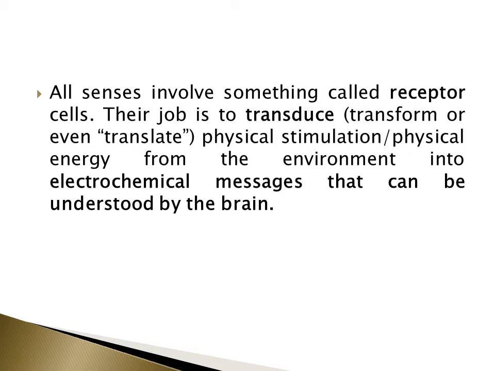Transduce meaning to transform or translate this stimuli to neural impulses that our brain can understand. So again, the main purpose of the receptor cells is to transduce. It is part of transduction.